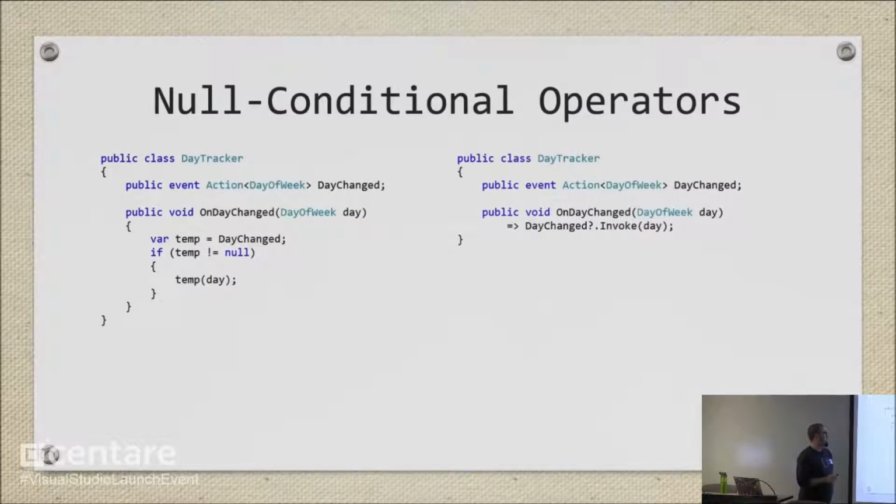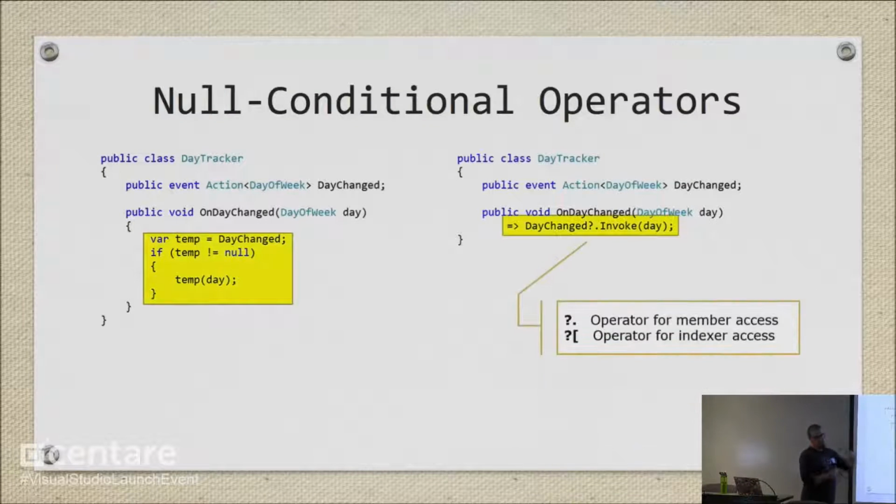Null-conditional operators. Is everyone familiar with this example here? Imagine that we have an event. And everyone knows that events require delegation. So in .NET, we have this thing known as multicast delegates. That opens up an issue with the concern for potential concurrency and thread safety.